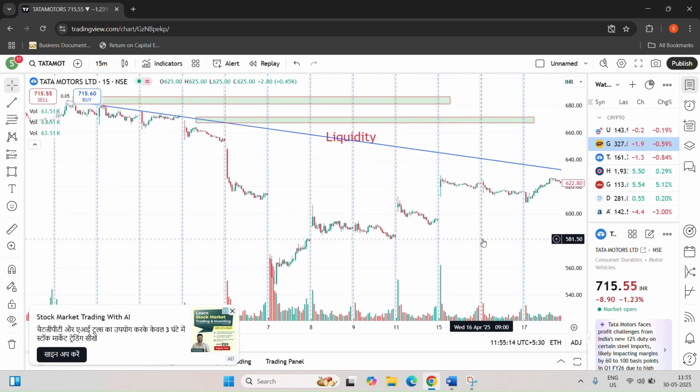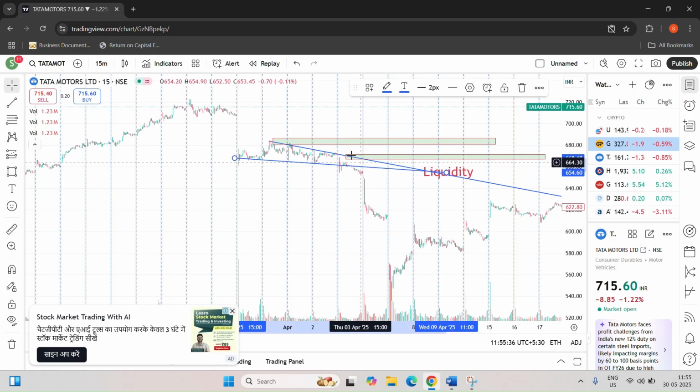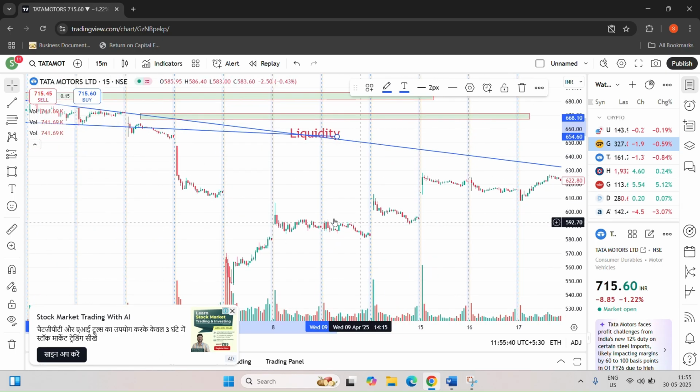To find whether SLs are available, you need to see whether selling opportunities were given to the sellers. You have to see whether the market had created any selling opportunities where sellers must have shorted, and if they have shorted, then their SLs will be at those levels. Here you can also draw a trend line joining all the lows. One selling opportunity was given here, a breakdown, so sellers must have sold here.